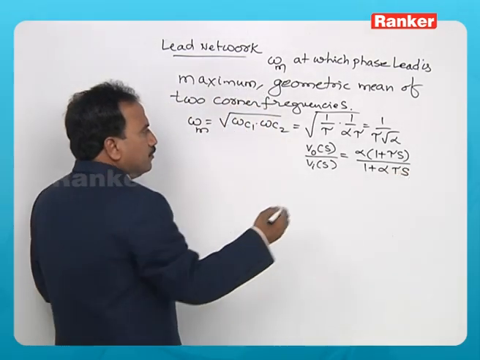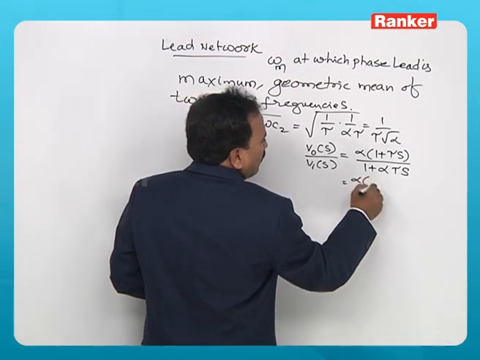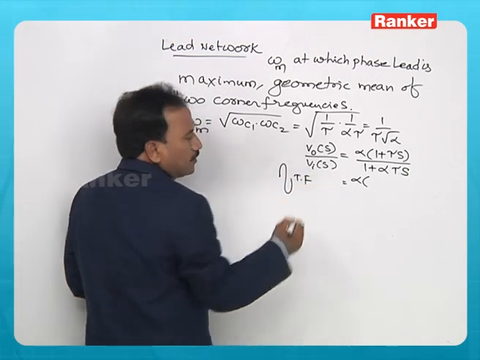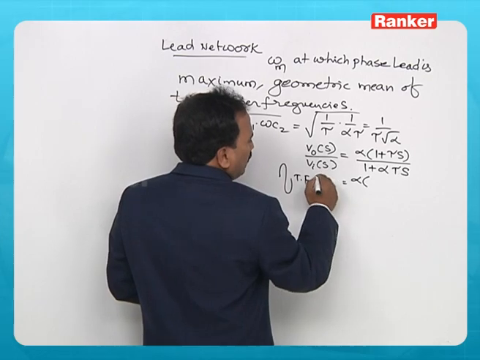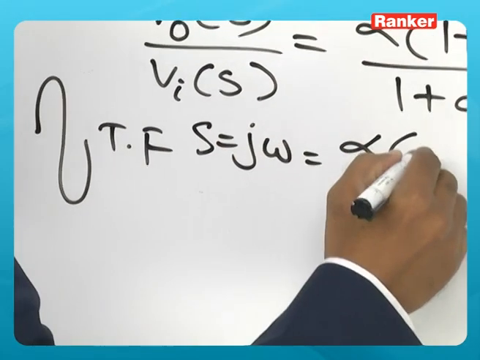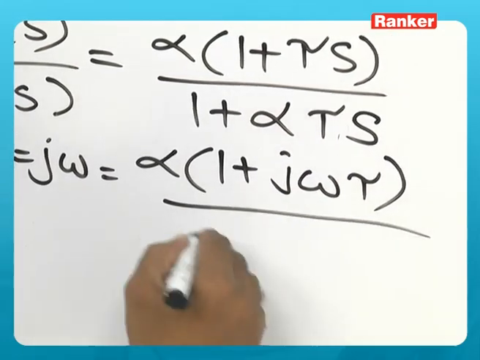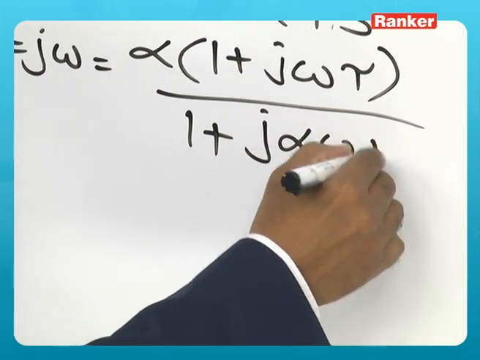So if you substitute s equal to j omega, it becomes the sinusoidal transfer function, (1 plus j omega tau) by (1 plus j alpha omega tau).